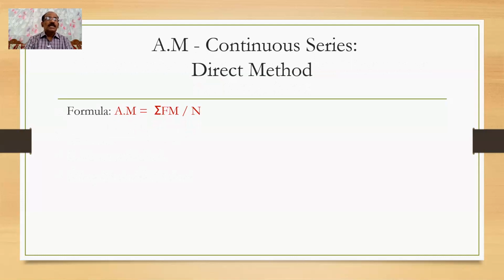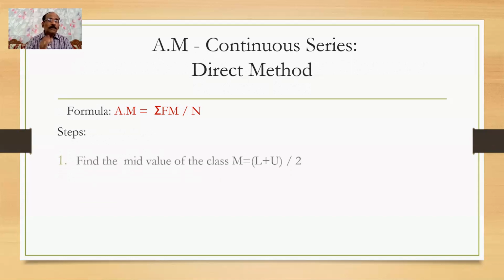The formula is arithmetic mean is equal to sigma fm by n. Formula is x bar is equal to sigma fm by n. To get this arithmetic mean in continuous series, we have to follow some steps.